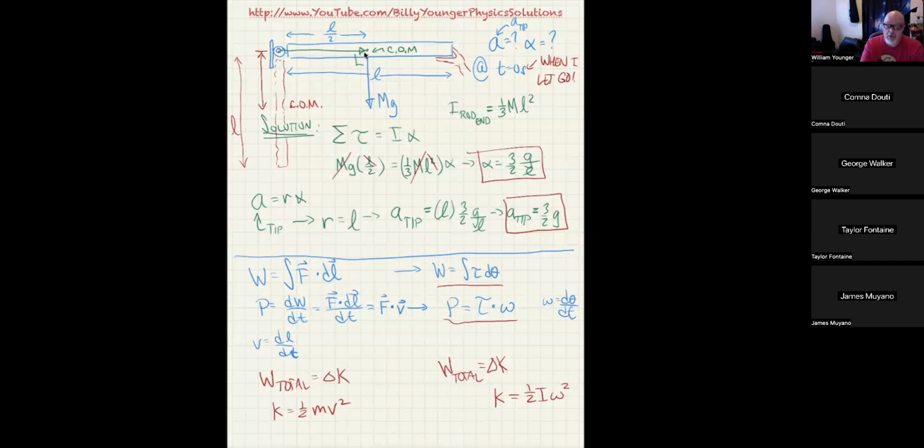I got distracted a little bit. That's okay. You've been bailing me out most of the night, so that's all good. I think you will agree with me when I tell you it. Since the whole length of this thing is L, the center of mass is L over 2 away. So the center of mass should be L over 2 down.